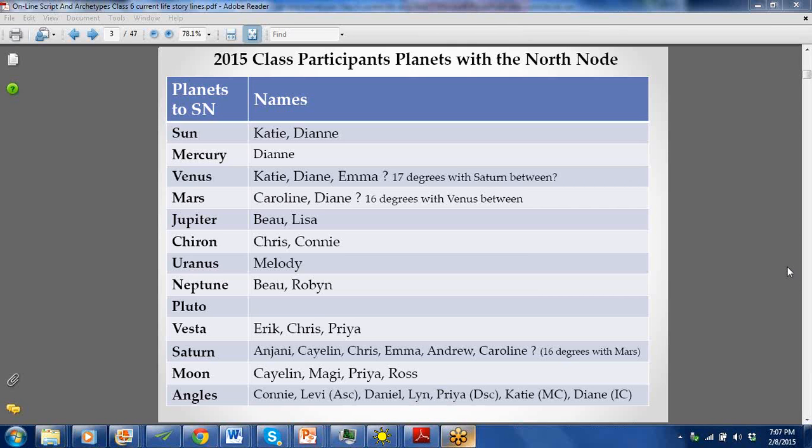Give me an example of which one you mean. Well, Connie and Levi both have the North Node on their Ascendant. Connie is Aquarius rising, and the North Node is actually in Capricorn, but only 4 or 5 degrees away. And then Levi, where are you? Oh, I see it now. Yeah, I'm with you.